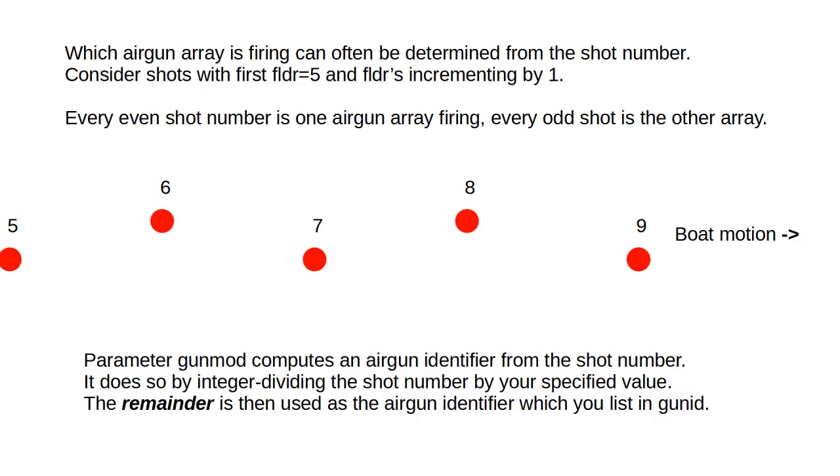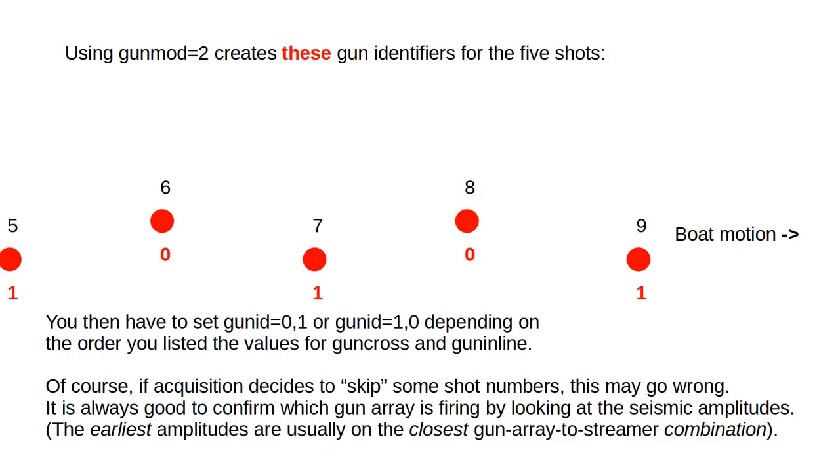For port starboard shooting, the port air gun array fires, then the starboard. Assuming the shot number increments by 1, then the odd shot numbers will be from one air gun array, and the even shot numbers from the other air gun array. Parameter gunmod performs integer divide of the shot numbers and uses the remainder to identify the air gun arrays.